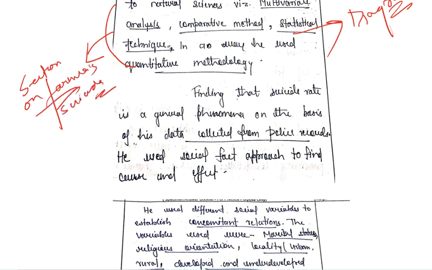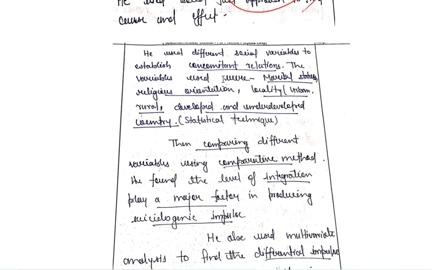That is very important because the question is more about interlinking Durkheim's work to a real world social problem in India. Finding the suicide rate from police records and all this can be skipped because it is not directly aligned with the theme of the question.